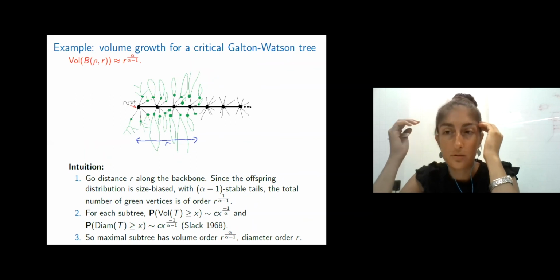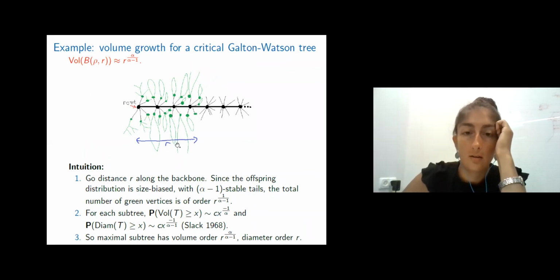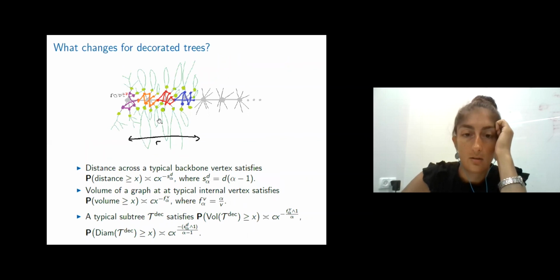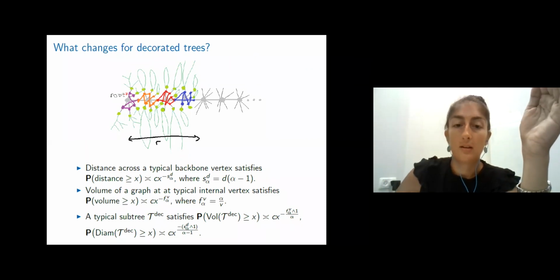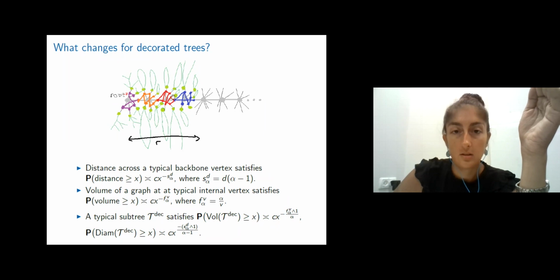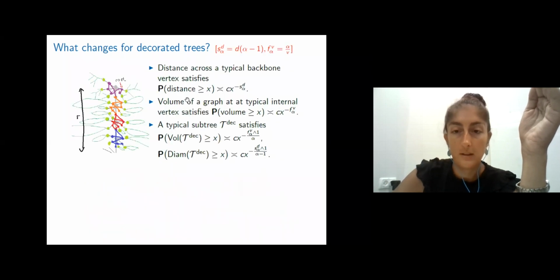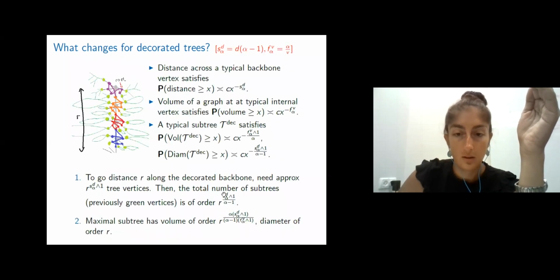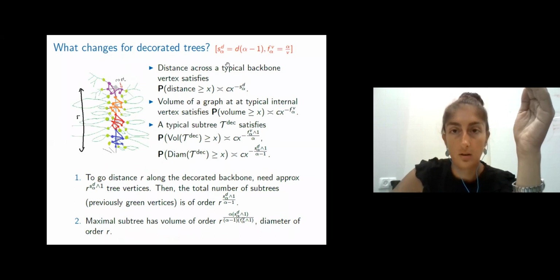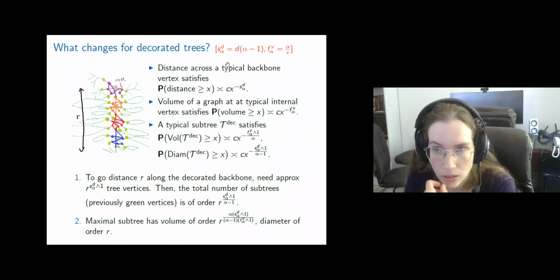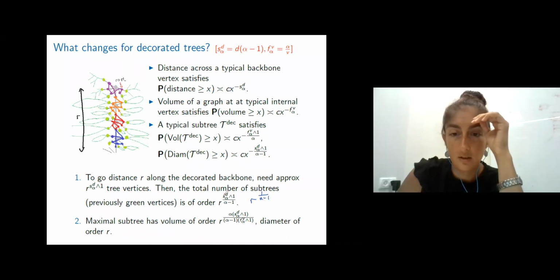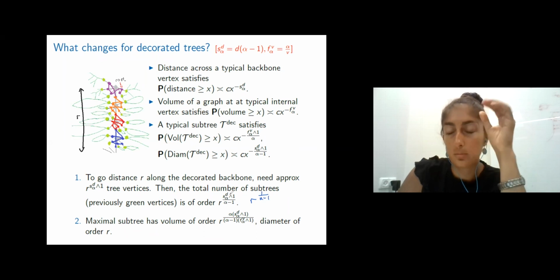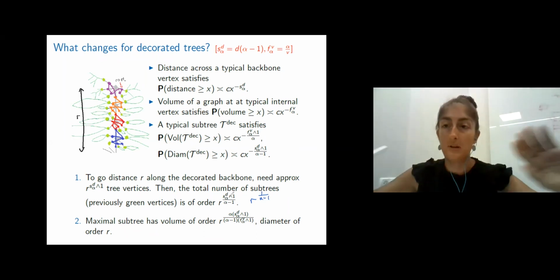But now if you have a different metric, and you want to go r in the different metric, then the number of tree vertices you have to explore will actually be this number. So it will depend on how the metric grows. Before we had r to the 1 over alpha minus 1, but this is telling you how this new metric grows. So you would explore fewer tree vertices, which affects how many subtrees you see.